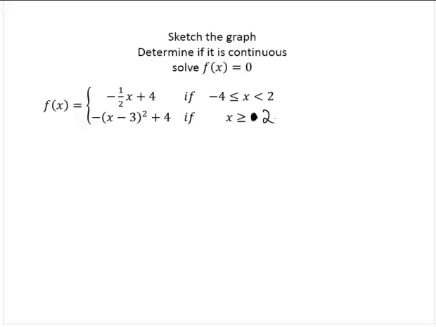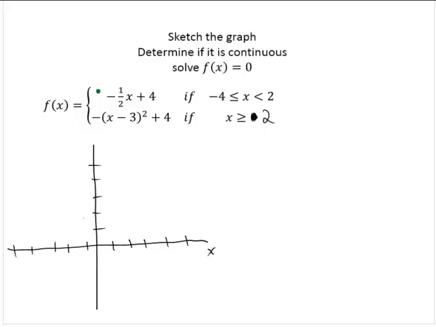Alright, so first let's sketch it. The first thing that I'll do is get a grid going. Let me plot in green the function negative 1/2 x plus 4, and we have that function if x is between negative 4 and 2.